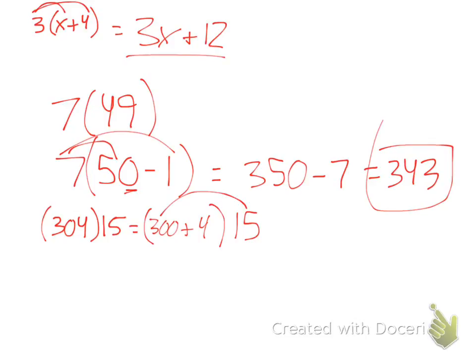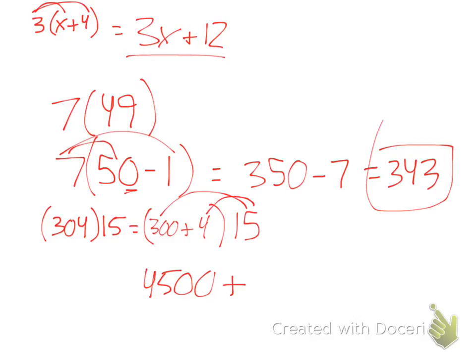Now this problem has 2 zeros at the end, right? So all I have to do is worry about what's 3 times 15, add 2 zeros. What's 3 times 15? 3 times 15, 15, 30, 45. So it's 45, add 2 zeros, plus 4 times 15.